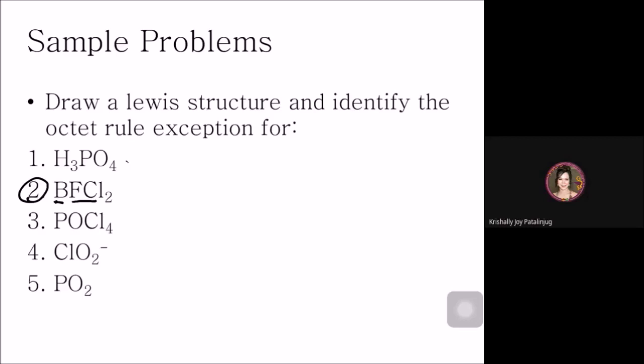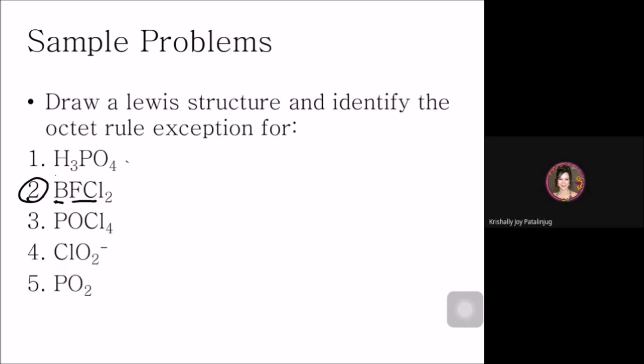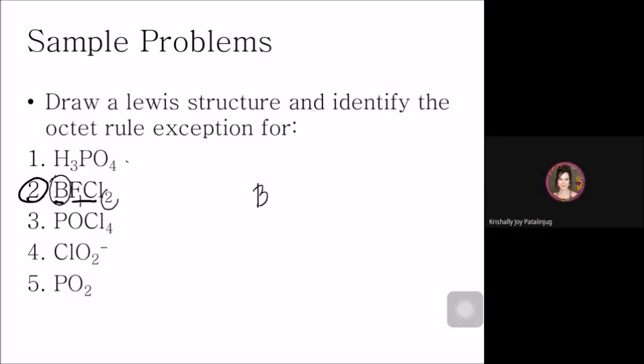So, sabi natin sa first step in writing Lewis structure, dapat lowest electronegative atom will come as the center. Okay, central atom. So in this case, boron as the central atom. Okay, very good, Kenna. So meaning, itong isang fluorine na to, dalawang chlorine, surrounding atom yan ni boron.